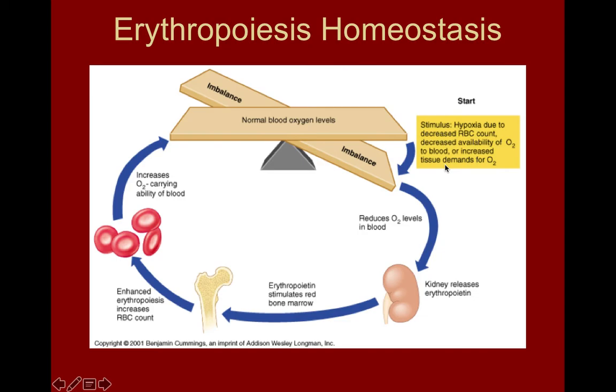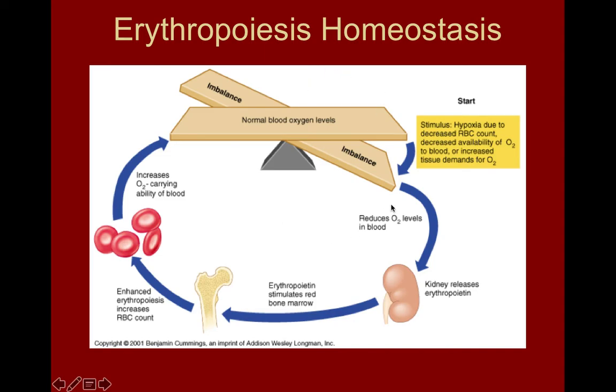Decreased actual red blood cell count. That's the top one, which means to say blood loss. So if you have a bleeding cut or some sort of anemia, that would cause hypoxia. Or increased tissue demands, that's exercising. So those three things would be the stimulant that causes hypoxia.